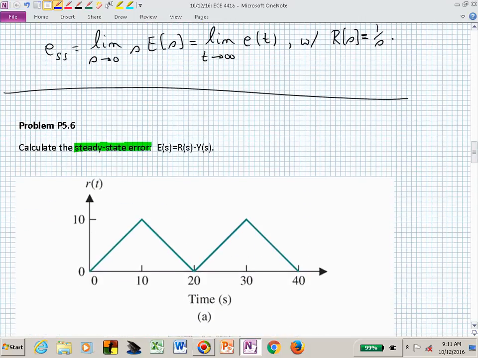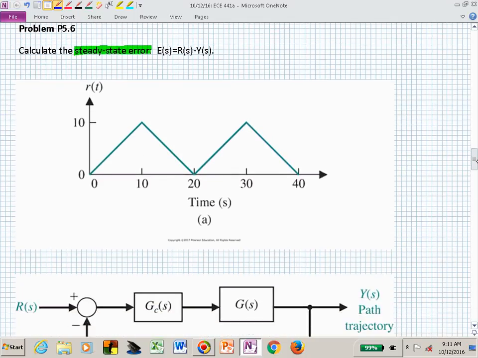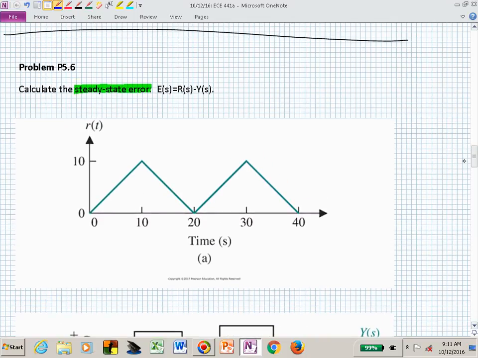Problem P5.6. Again, it's asking for a steady state error, and its E is R minus Y. This is now maybe you have a robot welder, and this robot is trying to follow this sawtooth type pattern. Ideally, you would want your end effector on the robot to be pretty close to where you want it to be. You don't want there to be a huge error.